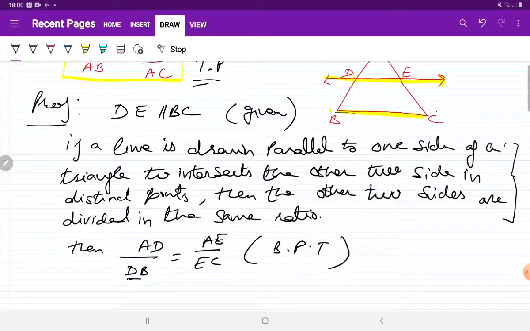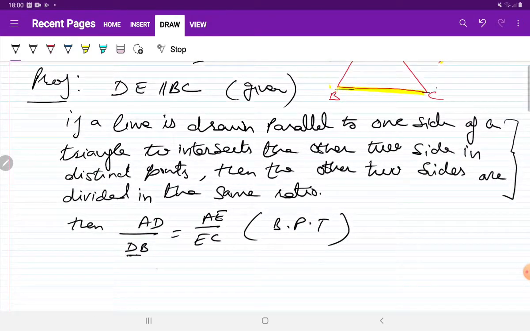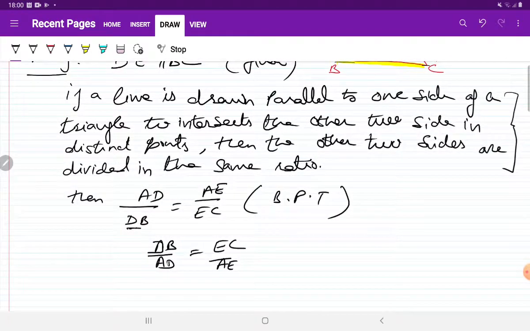So instead of writing AD upon DB, I can write DB upon AD is equal to EC upon AE. Okay, I inverted it. I had AD upon DB, then I wrote DB upon AD and EC upon AE. Why did I do this?